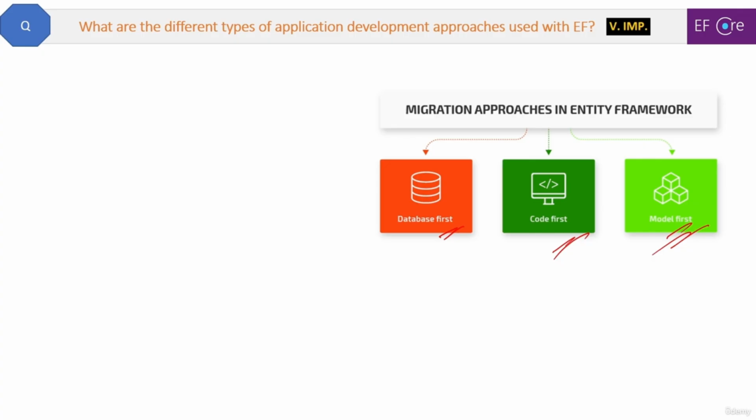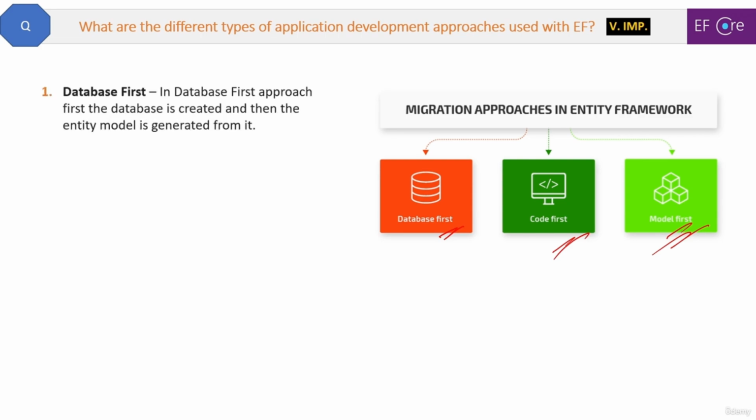The first one is the database first approach. In the database first approach, first the database is created and then the entity model is generated from it. So you create the database and then you can automatically generate the entity model with the help of Entity Framework. This is the first approach.